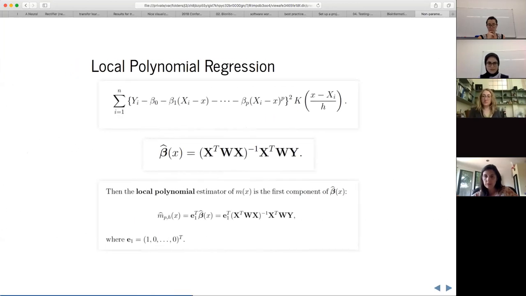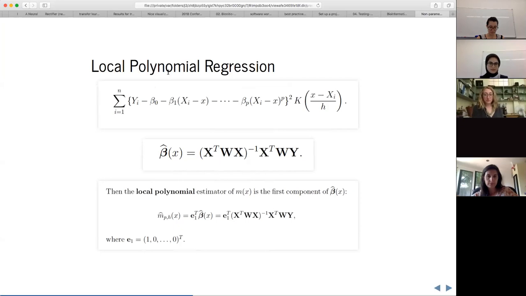However, if the data is really nonlinear, or, as Anna mentioned, the relationship between the response and the covariate we want to investigate is nonlinear, it's probably more appropriate to do a local polynomial regression.